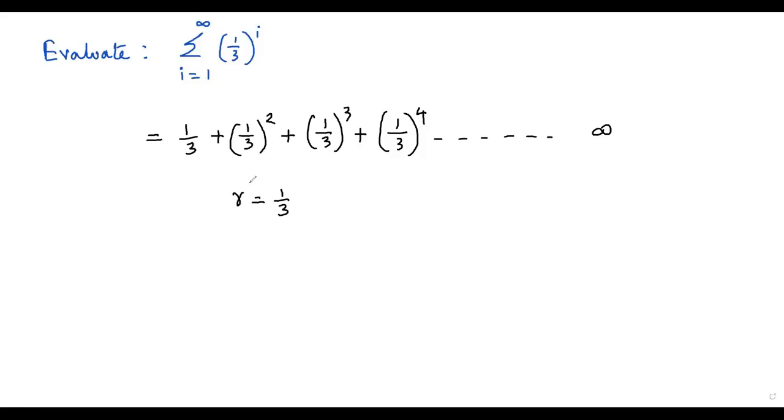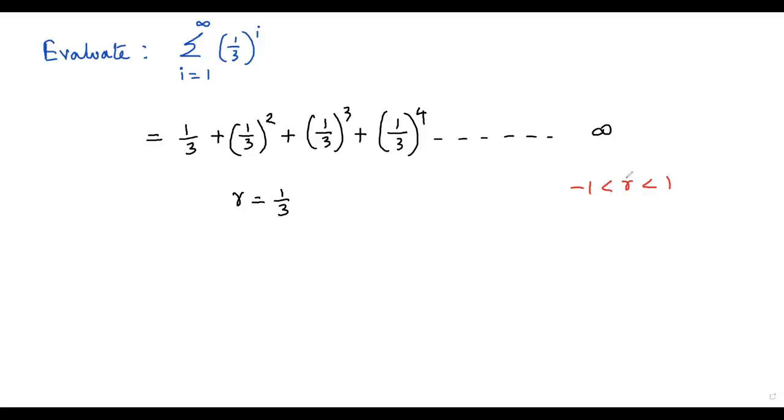Whenever I want to evaluate an infinite geometric series, the value of the common ratio r must be in the interval -1 less than r less than 1. So the common ratio must be between -1 and +1. Then only will we be able to evaluate the given infinite geometric series.